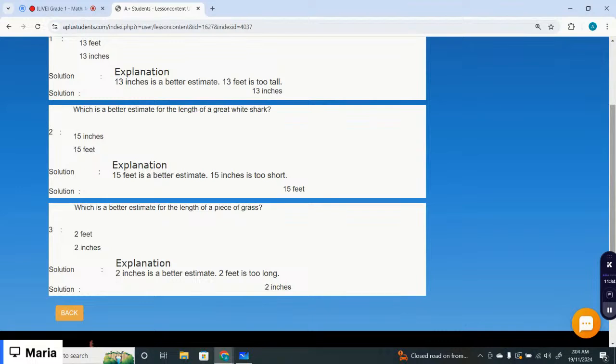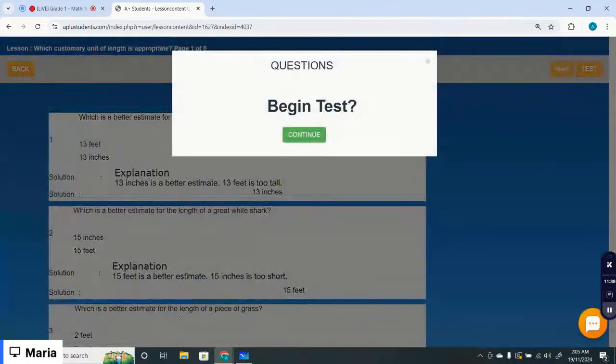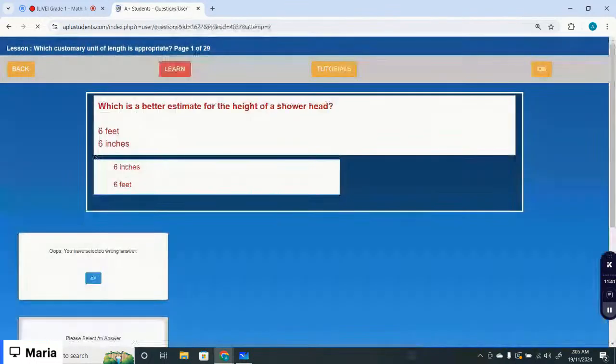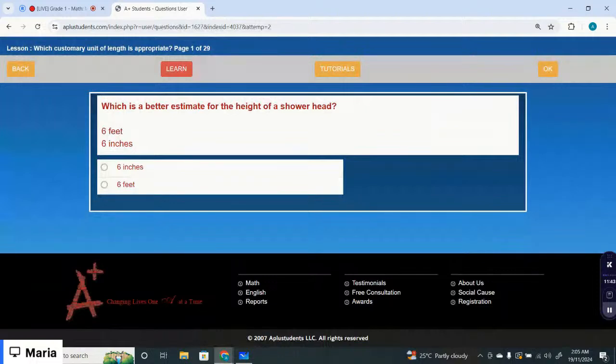Okay, let's just start with the test questions. Which is the better estimate for the height of a shower head? So which is the correct option, 6 feet or 6 inches?